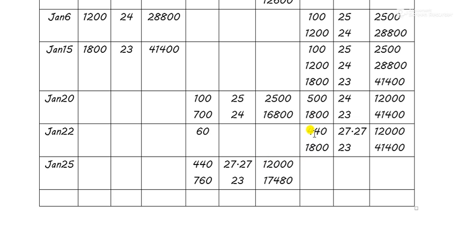So this 440 is completely gone. Out of 1800, minus 760 is 1040, at the rate of 23. So 1040 into 23 is 23,920.